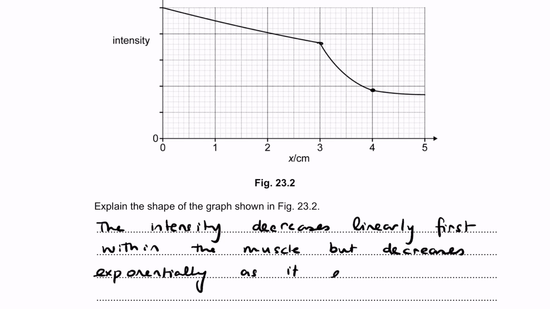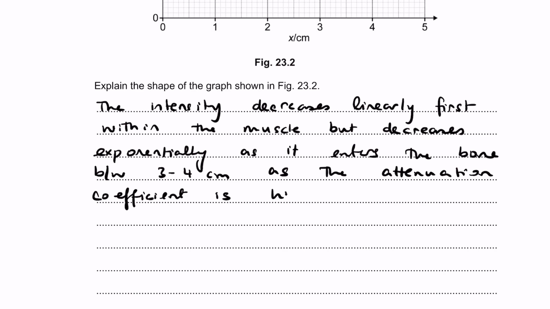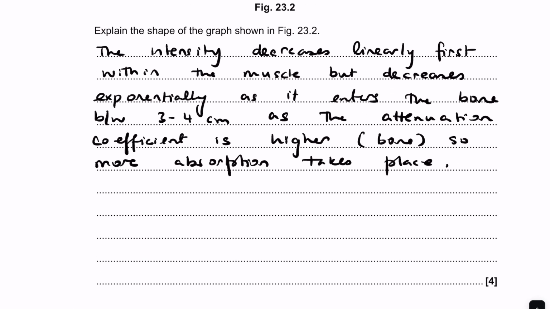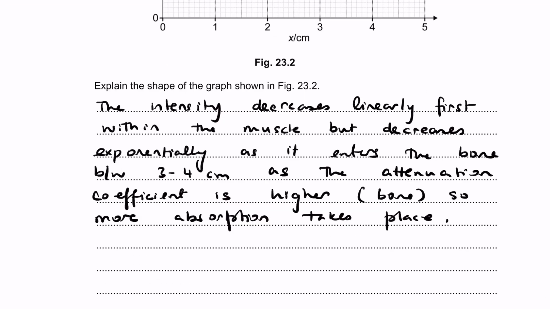The decrease is sharp at first, and then it slowly slows down, which tells us that the attenuation coefficient of the bone between 3 to 4 centimeters is higher, as there's more absorption of the X-rays. And then from there, it slows down as it goes again into the muscle, where, with depth, the intensity would of course decrease further.